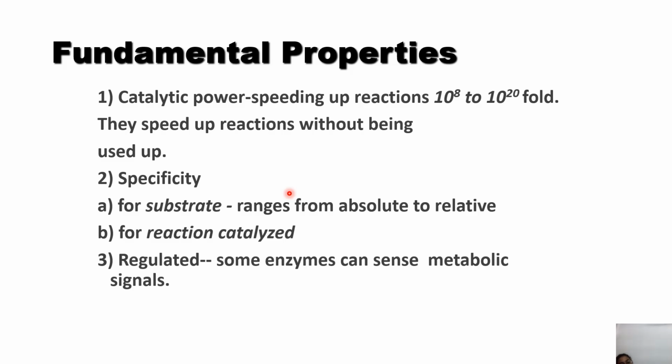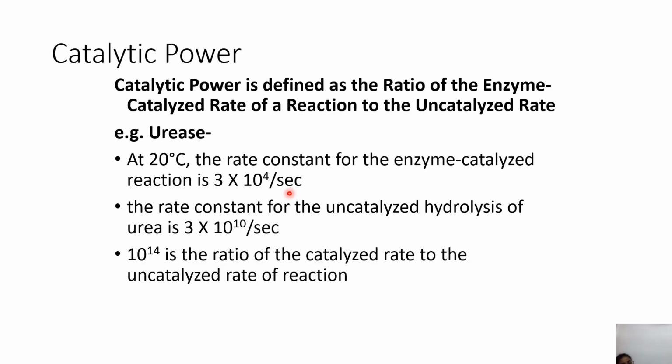Another property is specificity. Specificity for substrate can range from absolute to relative for the reaction to be catalyzed, and some enzymes will be regulated. That means they can sense metabolic signals and can themselves also be regulated. Now, the catalytic power is defined as the ratio of the enzyme-catalyzed rate of the reaction to the uncatalyzed rate.